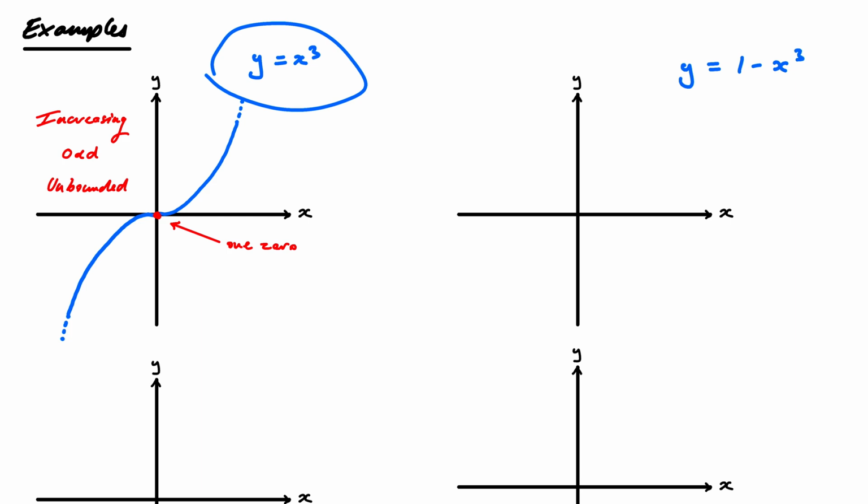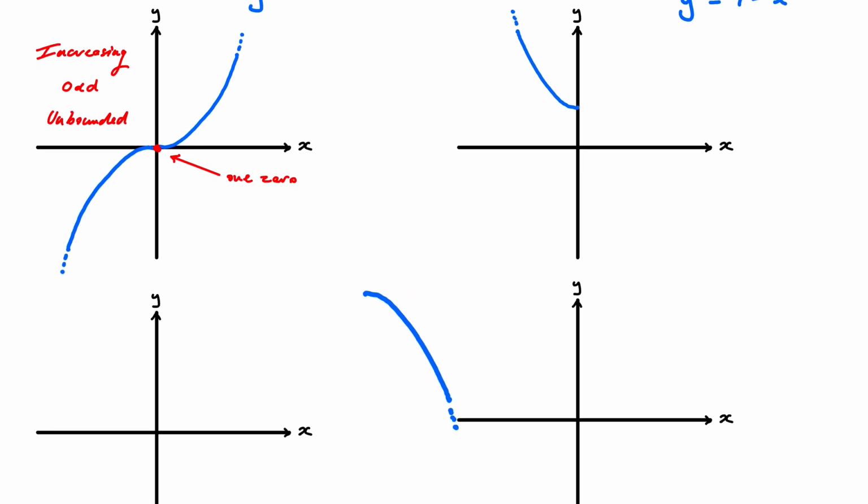So it's going to look very similar, but it's going to be kind of negated, or reflected in the x-axis, and then raised up. So it'll look like this, roughly speaking. And then on the other side, it's not an odd function, but it has the same kind of story to it.